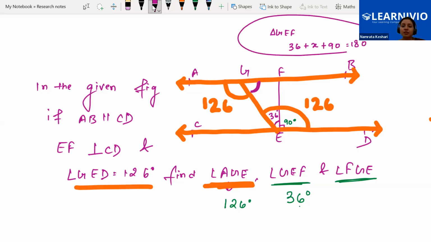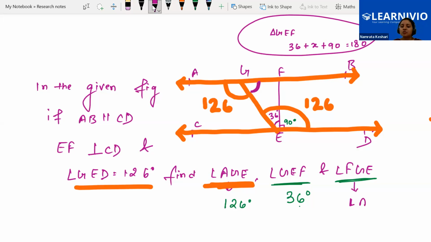Sarah, tell me the other way. Yes, Sarah, you were saying something. 54 degrees? How? 180 is equal to 126 plus x. Exactly. So, linear pair.